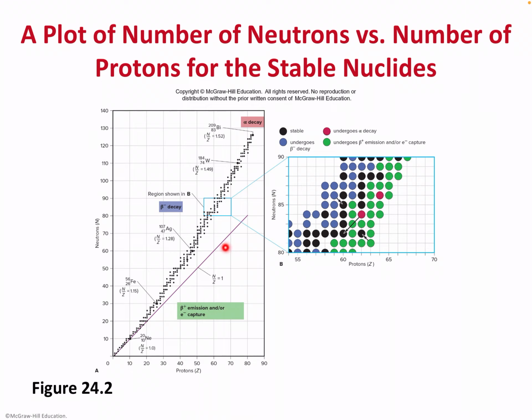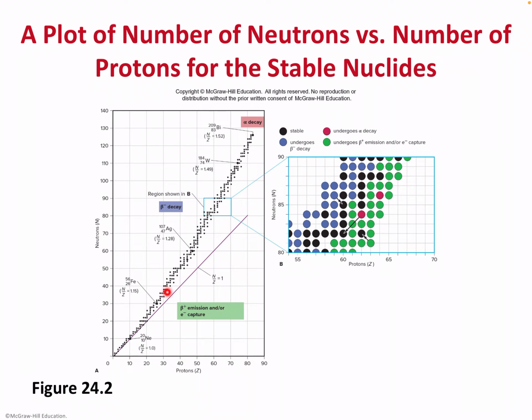In this stability band, if you expand this section over here, these black ones are your stable nuclides. The red ones and the blue ones are unstable. They would undergo either beta decay or alpha decay. These red ones undergo alpha decay, and the green ones undergo positron emission or electron capture.